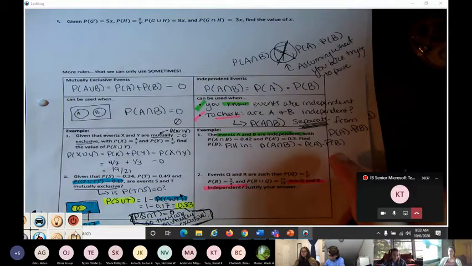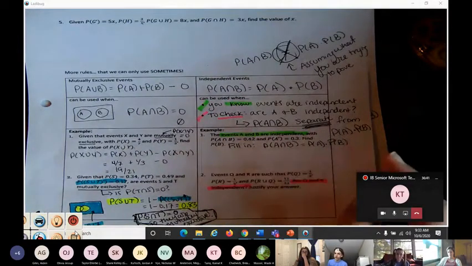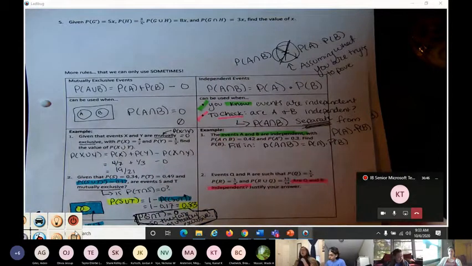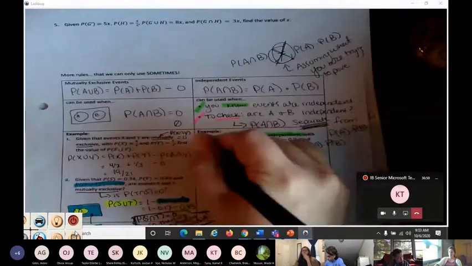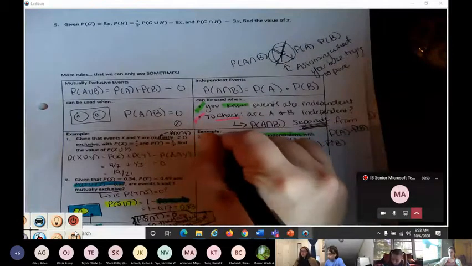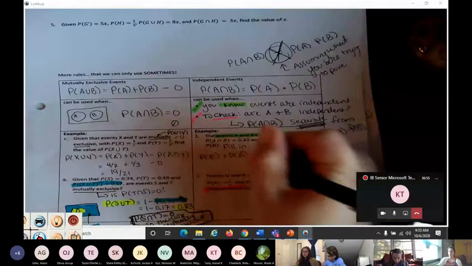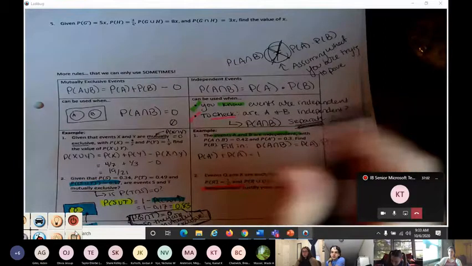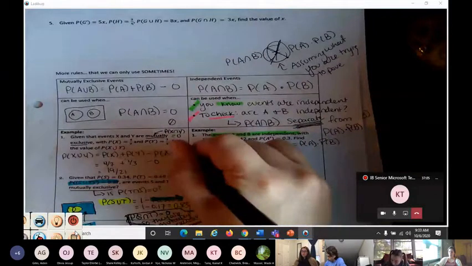We have the intersection right here. We have P of A prime, and we're trying to find P of B. So P of A prime plus P of A, which is what we want, has to equal 1. This is because I'm kind of mixing up the order of writing, that's okay.